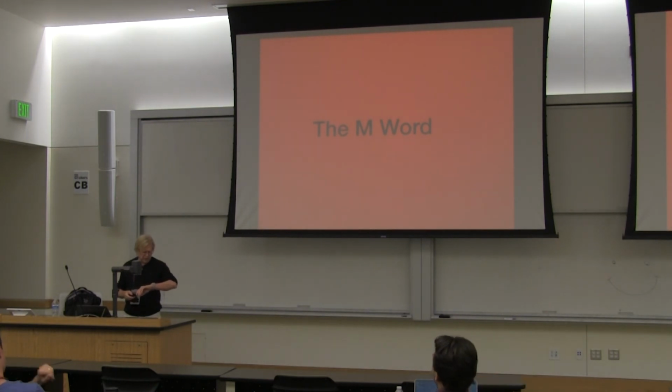Let's see how much time I have. I think I'm okay. So I want to say a word about the M word, because people sometimes ask about this. One criticism of Elm is that it's not Haskell, but why should it be? We have Haskell, which is another great language. Haskell has monads. Ten minutes? Okay, great, thanks.